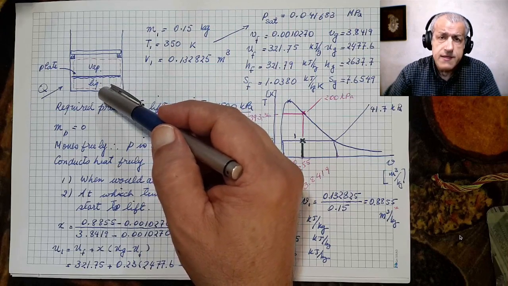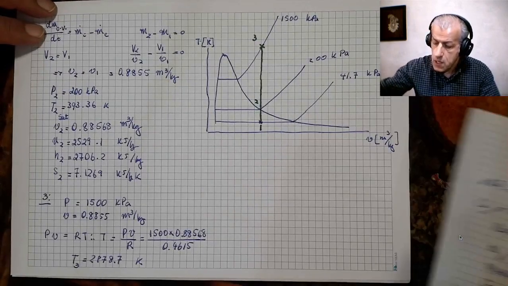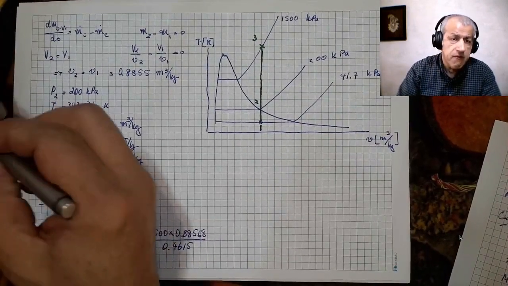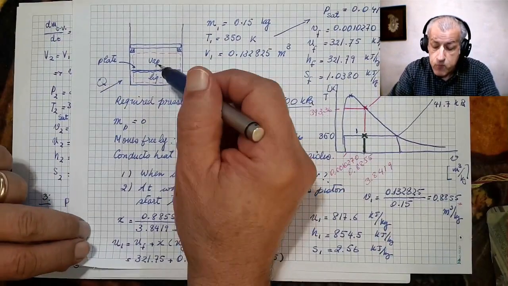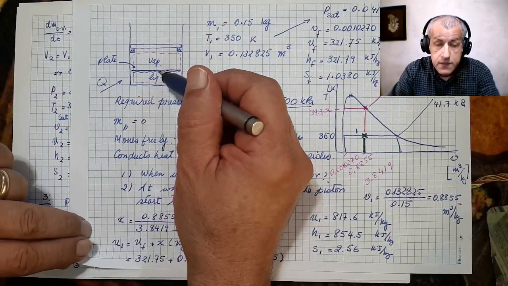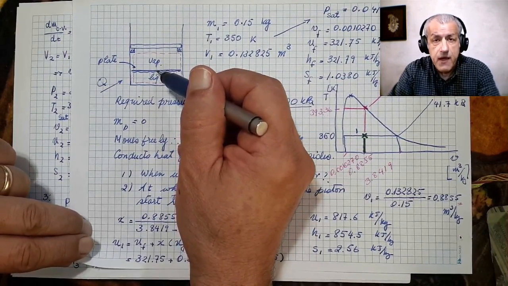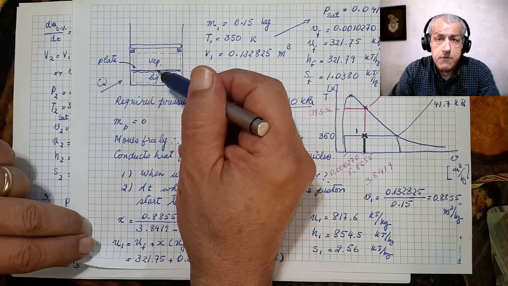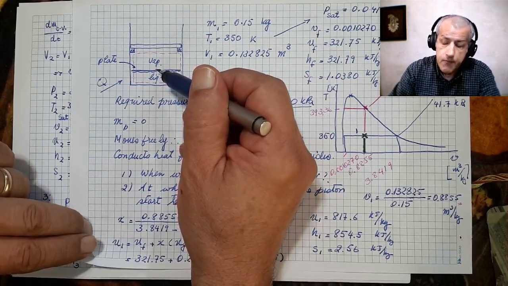And to answer this question, now we need to take two steps. First, we have to decide where this plate was in the beginning, and then we have to decide where this plate would be at the second point.